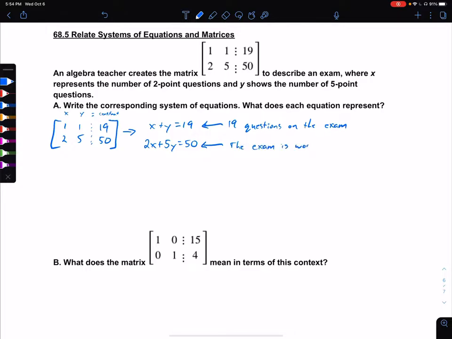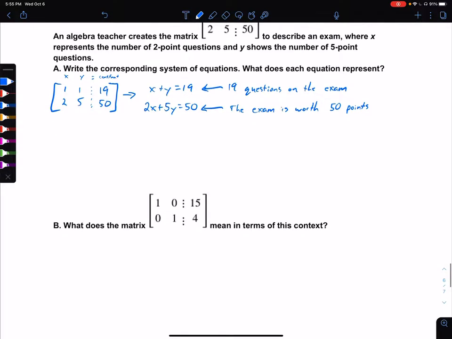So all of the points totaled up, if I multiply the point values 2 and 5 times the number of questions x and y, I would total that up to 50. So the exam is worth 50 points. Pretty straightforward, shouldn't be too much difficulty in interpreting that.